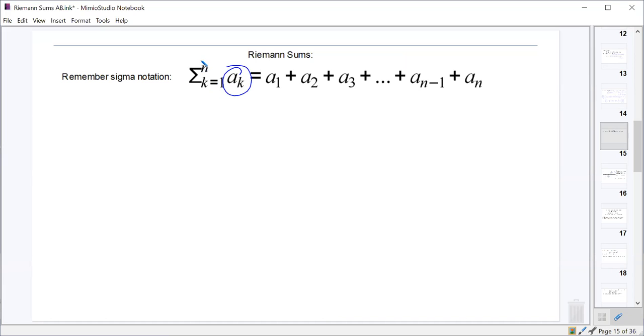And so effectively what that means is, take a sub k and list out all of those from k equals 1 up to k equals n and just add them all together. So that's what I've done. I've said a sub 1 plus a sub 2 plus a sub 3 plus dot, dot, dot, all the way up to a sub n. Good or no?